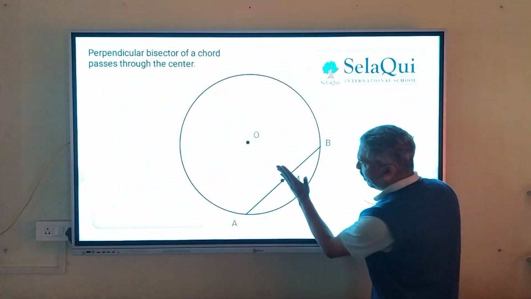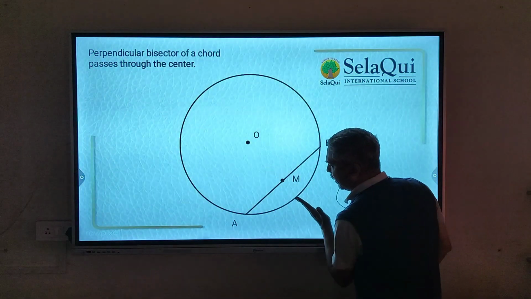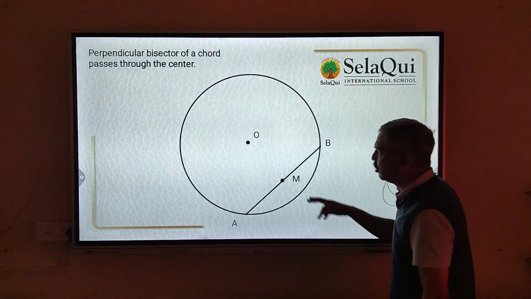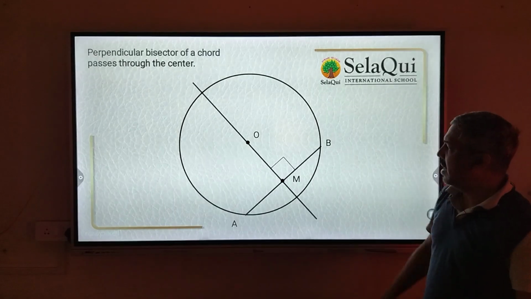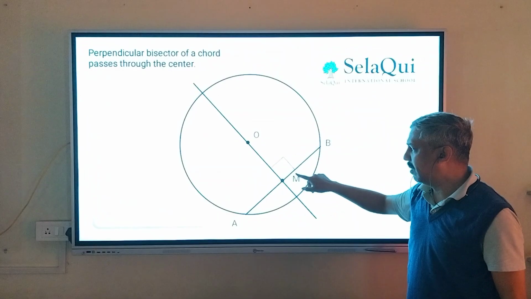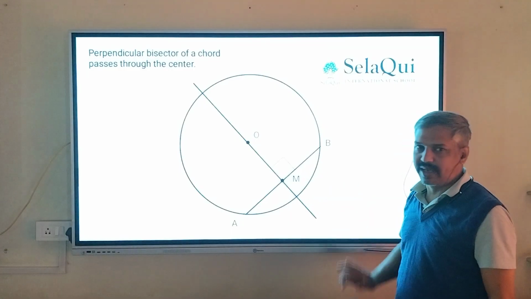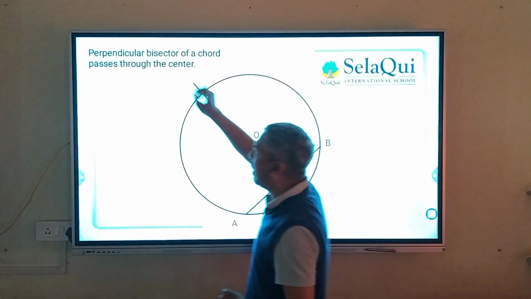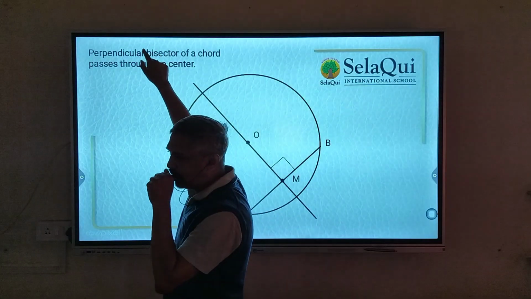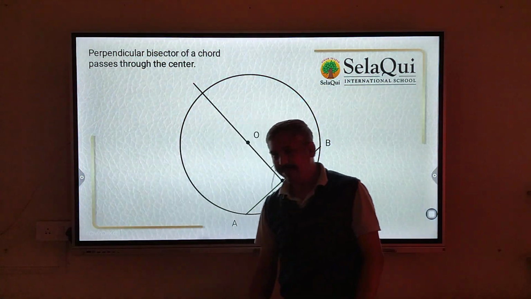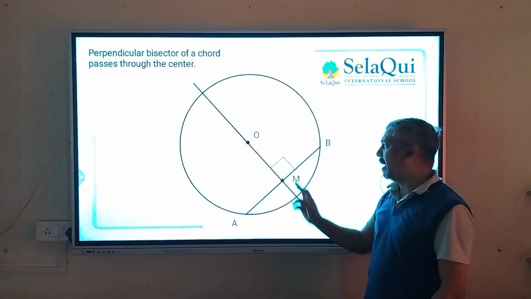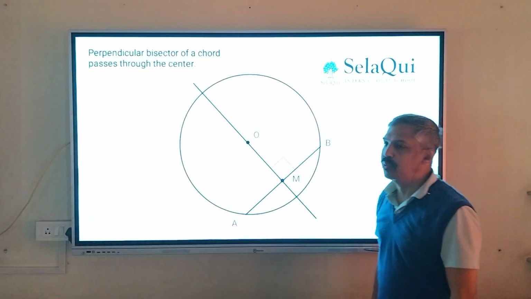Now on this midpoint, if I draw a perpendicular passing like this, then this perpendicular will pass through the center. That is what the theorem says. This is the perpendicular and it is passing through the midpoint, so it is a bisector as well. So this is perpendicular as well as bisector. So the perpendicular bisector of a chord will pass through the center.